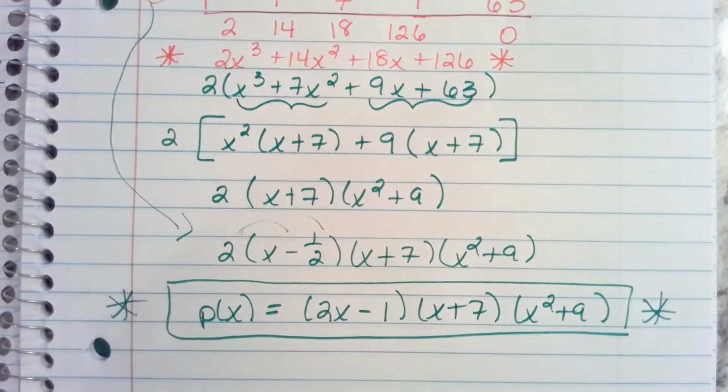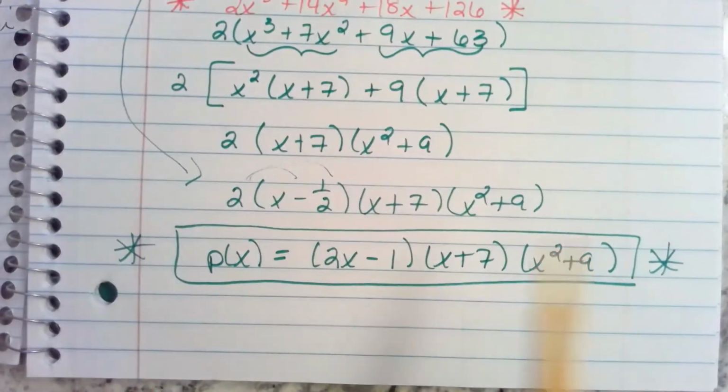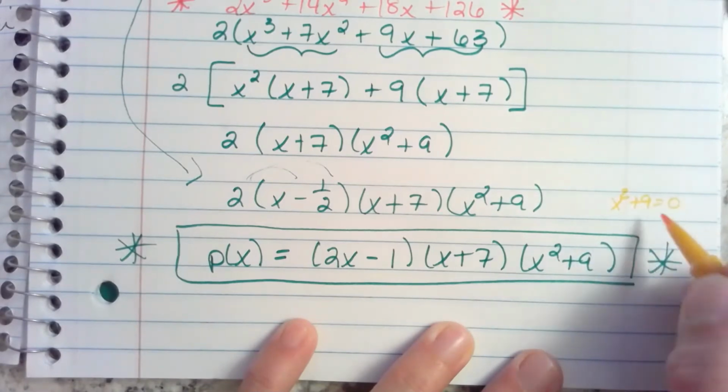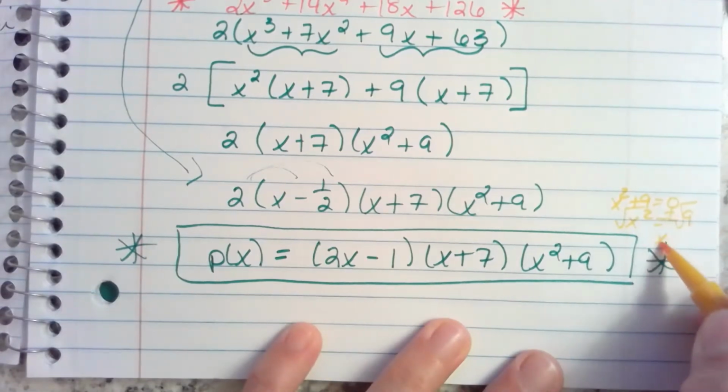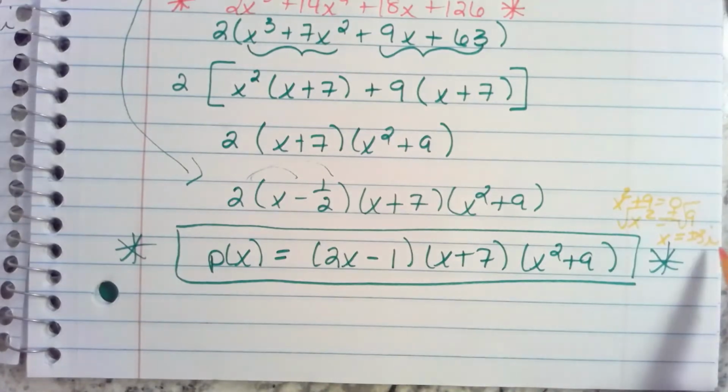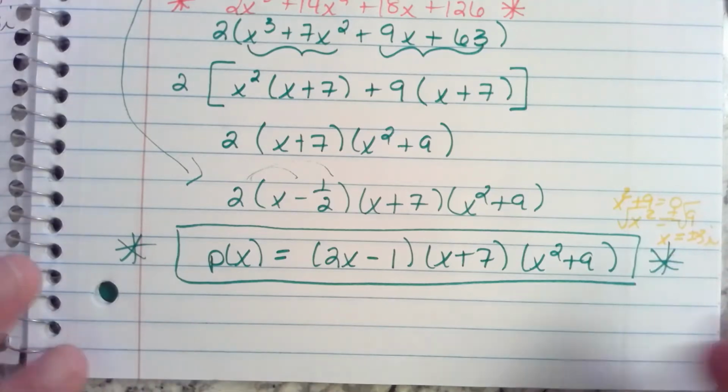Now what if they asked us to completely factor it? If they asked you to completely factor it, all of your x's have to have an exponent of 1, and this one does not. So if you do x squared plus 9 equals 0, subtract 9, take the square root of both sides, and don't forget plus or minus, you get x is equal to plus or minus 3i, right? Well, in that case, you would need to do x minus 3i and x minus a negative 3i.